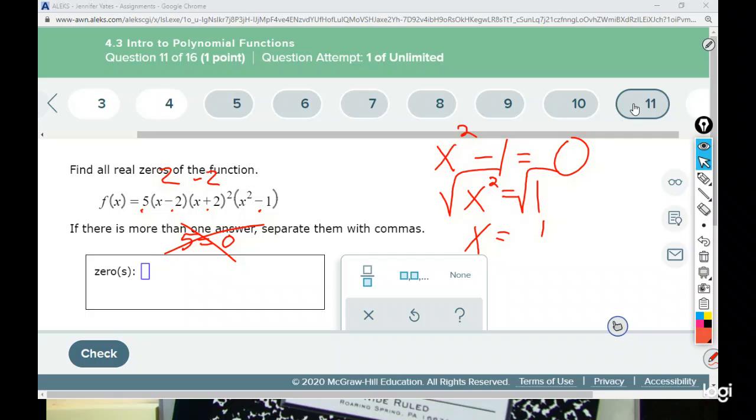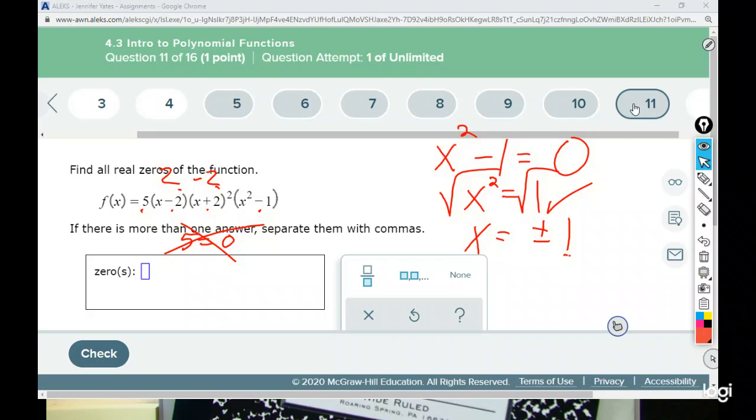But do you remember what's 1 squared? 1. What's negative 1 squared? 1. So don't forget your plus or minus when you're solving for x right there. So how many answers do I have here? 1, 2, 3, 4.